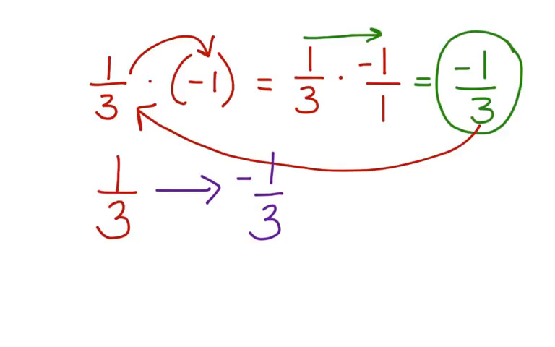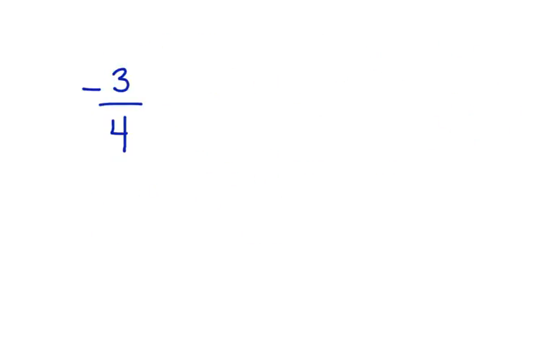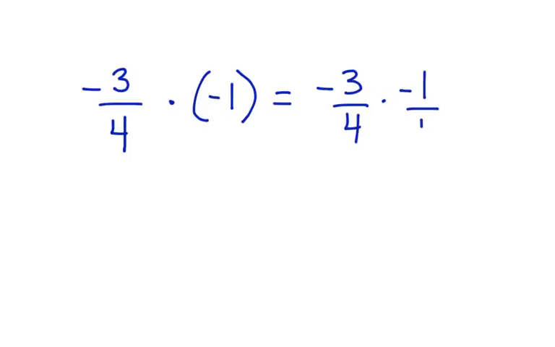Let's see if we can test this to be true with another example. Here I have a -3/4 times a -1. Now, if this is true, our answer is going to become the opposite of a -3/4, which would be a +3/4. Let's check it out. -3/4 times -1 over 1. -3 times a -1.